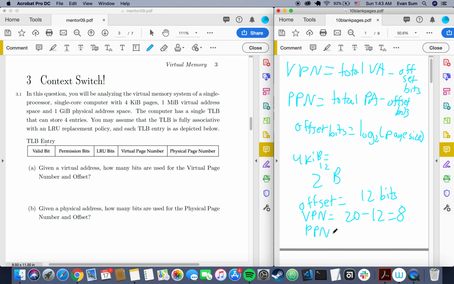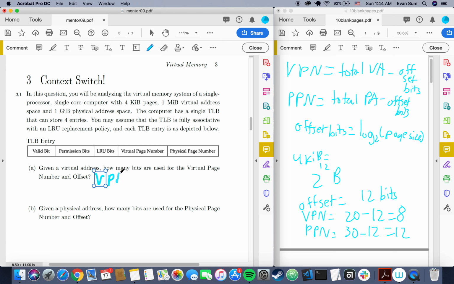Then for the physical page number, 1 gigabyte is 2 to the 30, so 30 minus 12 gives you 18. So the VPN has a total of 8 bits, while the offset is equal to 12 bits.